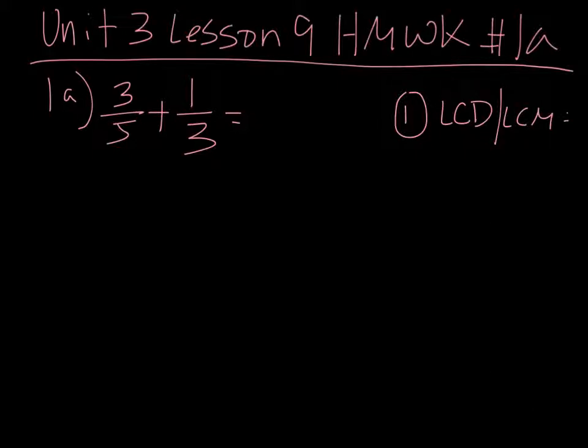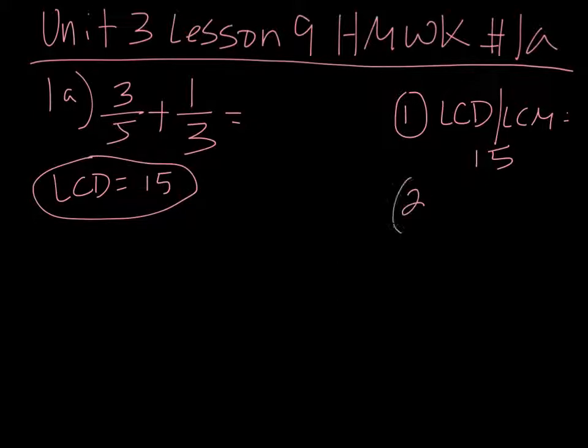So in this homework problem, 1A in their books, if you count by 5s and you count by 3s, the first place they meet is 15. Now the students have to write down, before they start solving the problem, what the least common denominator is.